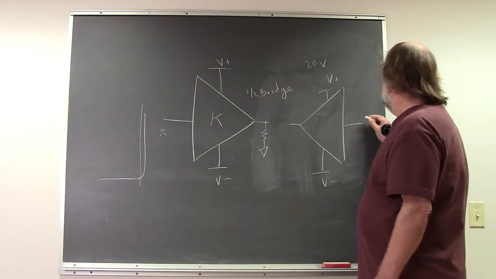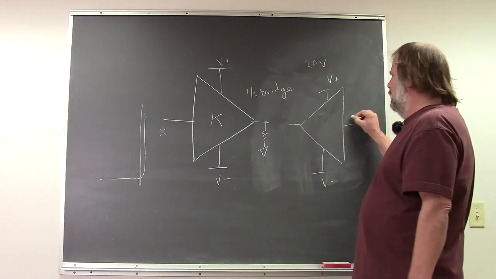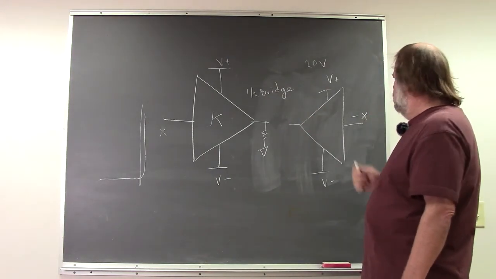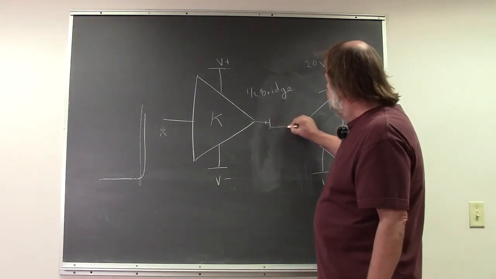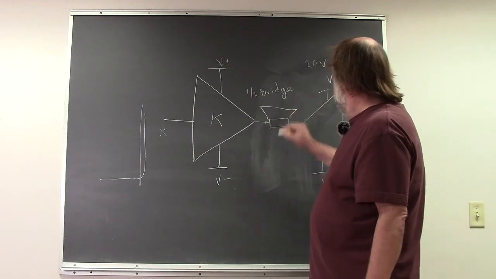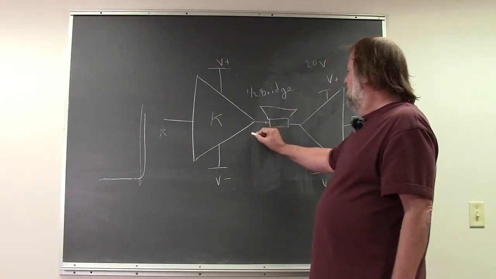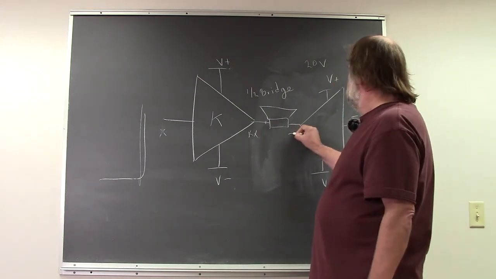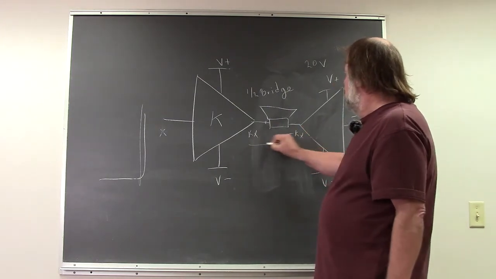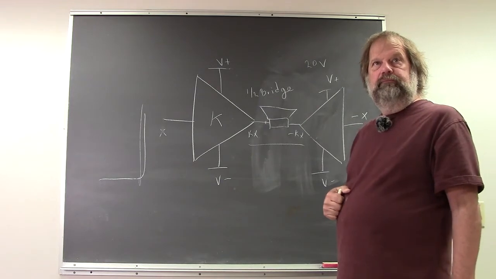If I take a half bridge amplifier in general and I put an inverted signal into the input, and I connect the load now across the two, this is my speaker, let's say, then when this one swings kx, and that's inverted, this swings minus kx, effectively what I've just done is double the voltage swing.